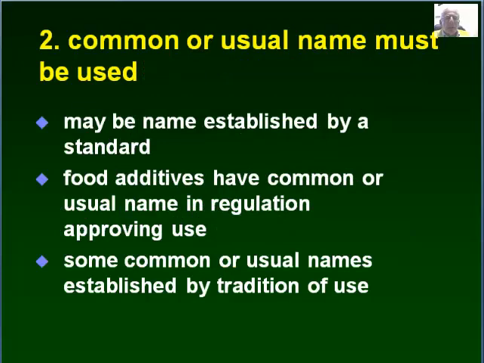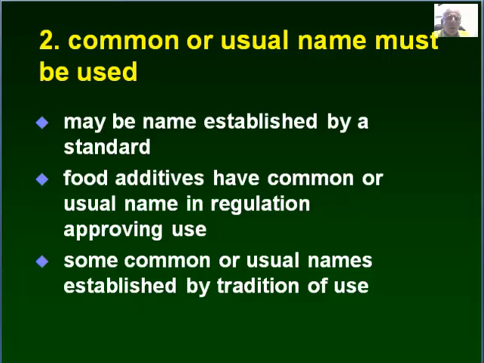Common or usual name must be used. It may be a name that's established by a standard, as I talked about jams and jellies as well. Food additives have common or usual names and regulations that were used to approve them.